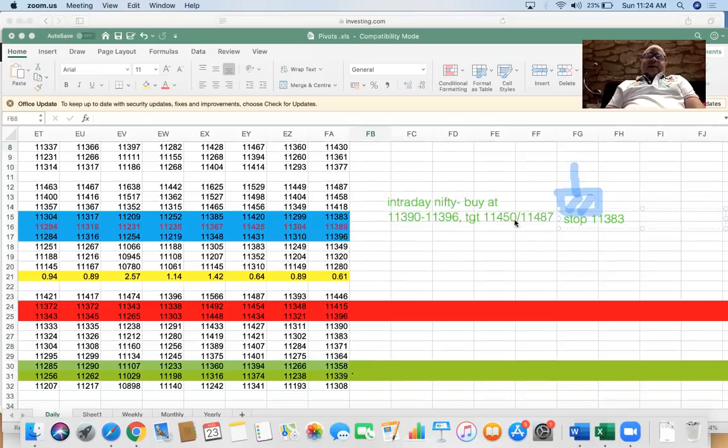So you buy at this 11,396 type of zone. Once you reverse, I am again and again repeating this, and keep a small stop of 11,380, 383. That is how intraday trading is done. You don't keep 50 and 100 point stops on intraday, because either the momentum reverses in your favor or it doesn't. Okay.